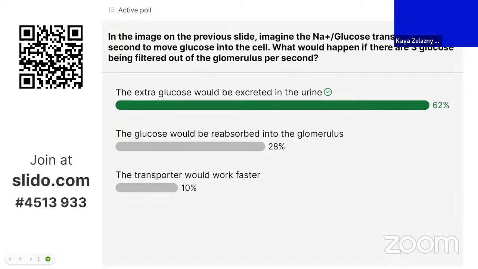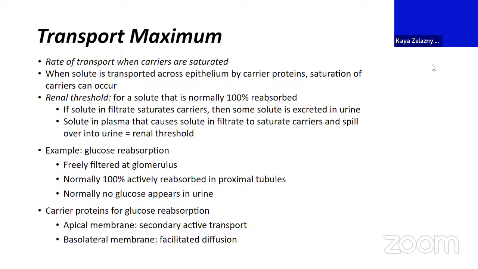And you may end up with spillover into the urine, which is why one of the early tests for diabetes was checking whether urine was sweet or not. Because we should be reabsorbing all the glucose, but under certain conditions, we can't.